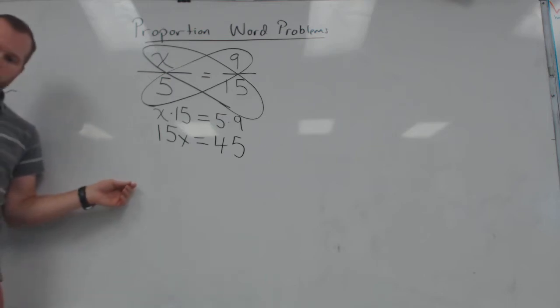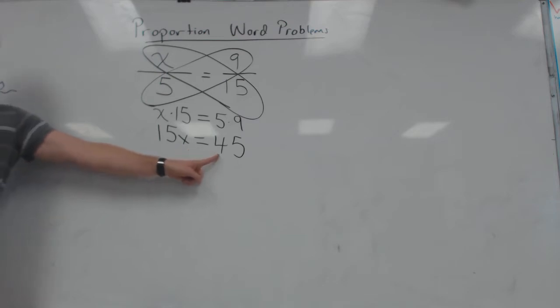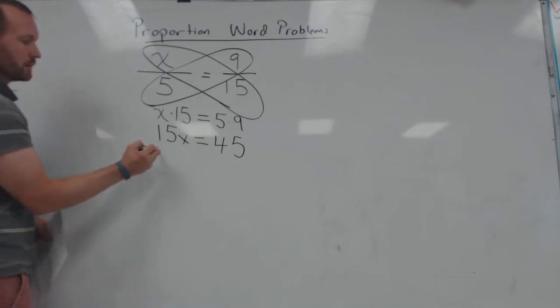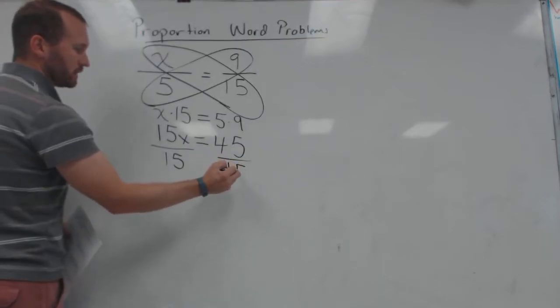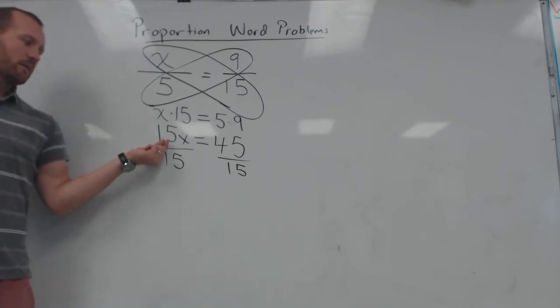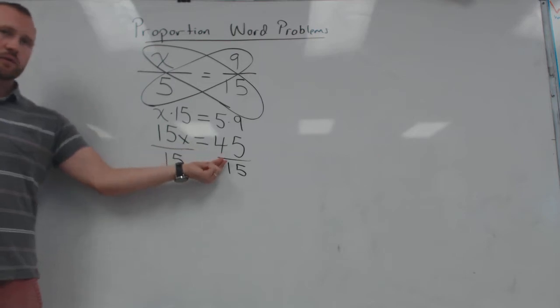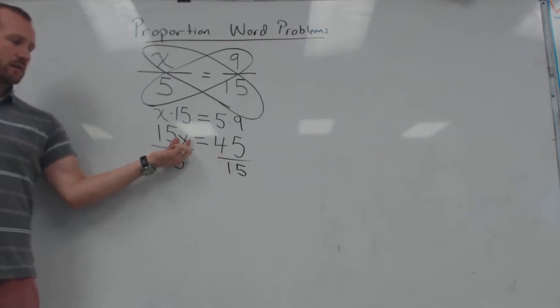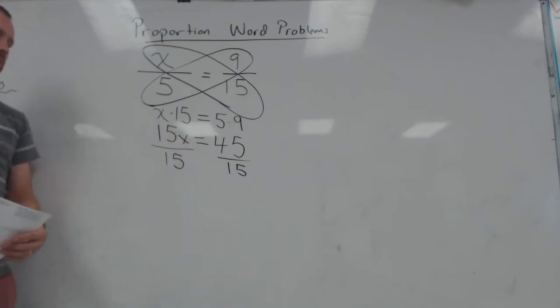Then, as we talked about in the daily bites, we can solve this just by dividing by 15. I'm going to divide both sides of this equation by 15. This step may be new to some of you, but just remember to think about it as 15 times what number equals 45. So think of this as a little open box, if that helps you, because you've done more problems like that.